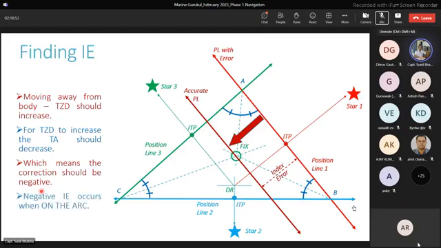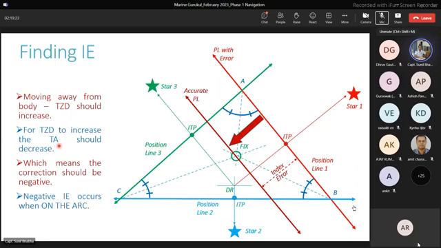Now index error is negative if it is on the arc. So when we are doing altitude correction, if the index error is on the arc, we subtract it. The index error in this case is on the arc, so we will be subtracting it. When you subtract it, the true altitude would decrease, the value of the true altitude would be lesser.